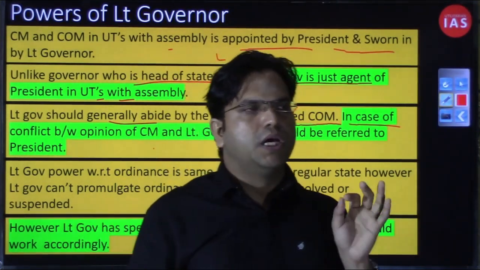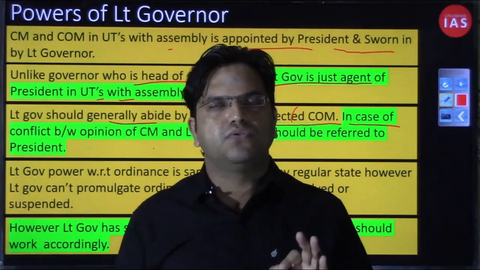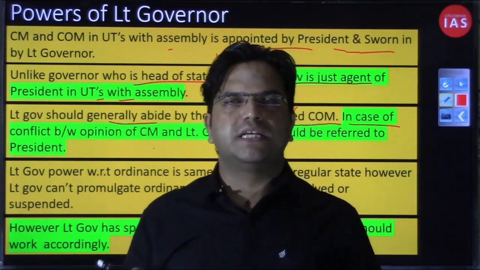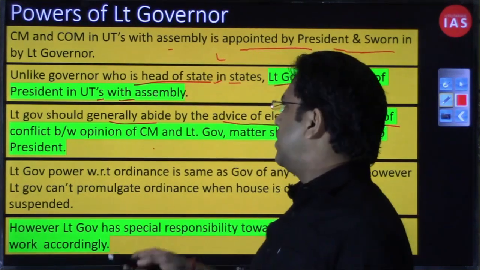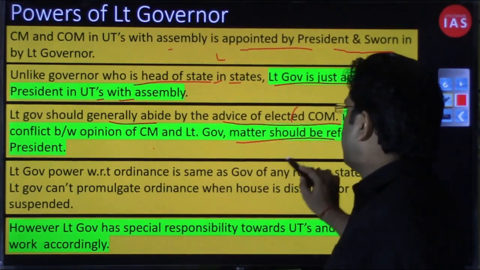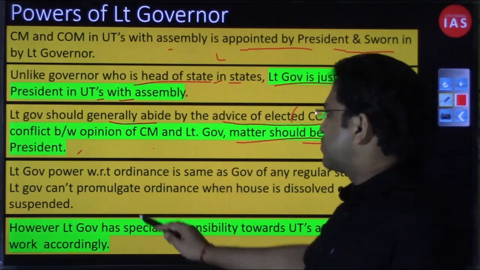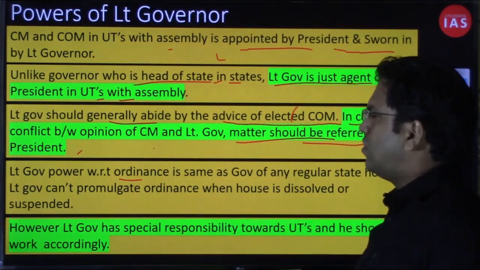The only option, if he does not agree to the bills presented to him after being passed by the assembly, is to forward or refer that matter to the president. The next point is the ordinance making power.